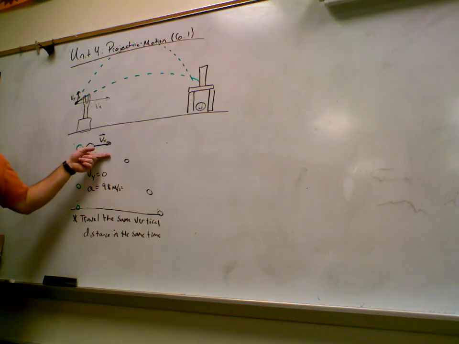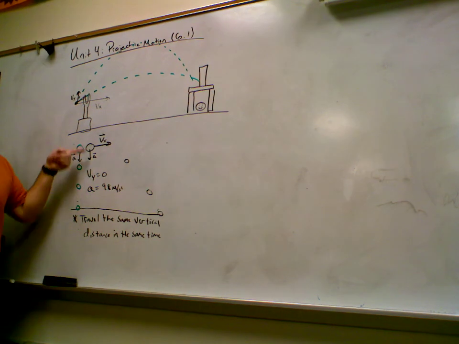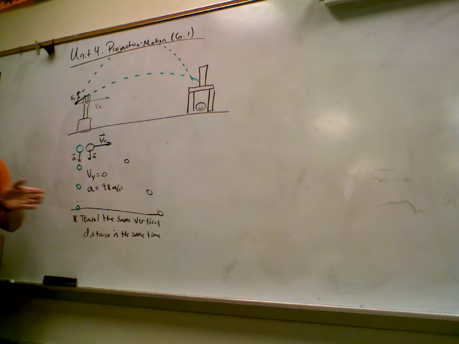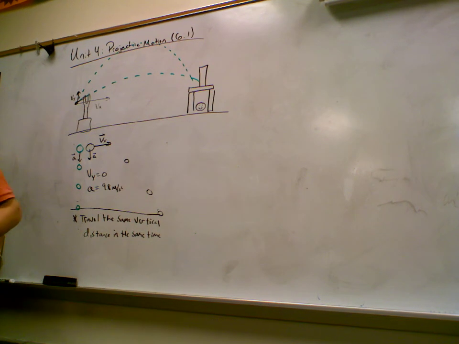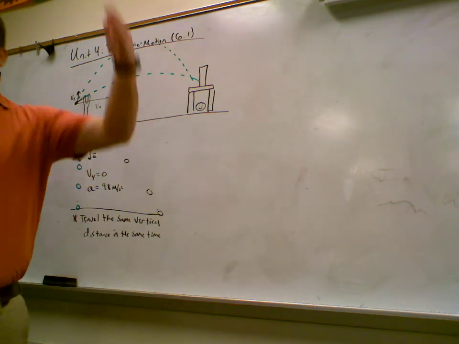The x component of the shot ball's velocity has no effect on its y component. All right, does that make sense? So things traveling horizontally do not affect things traveling vertically. Horizontal motion does not affect vertical motion.